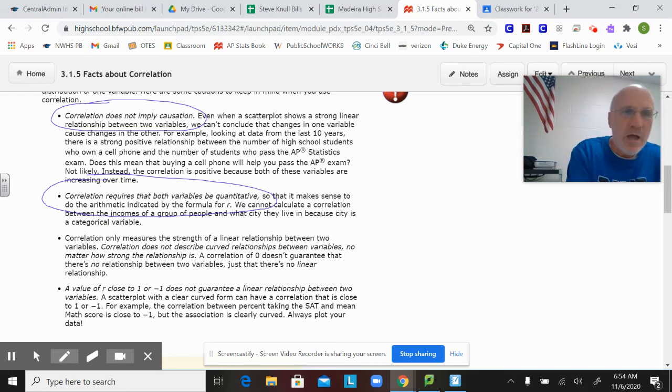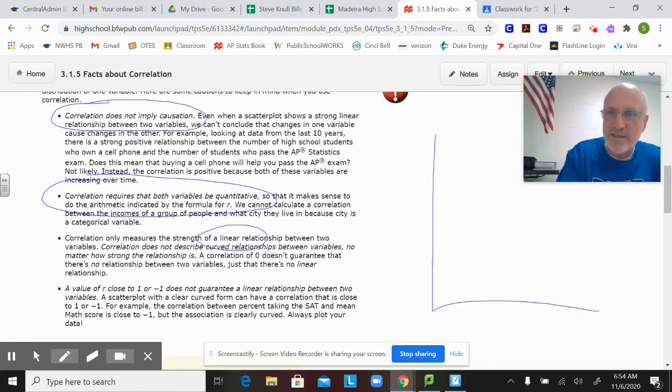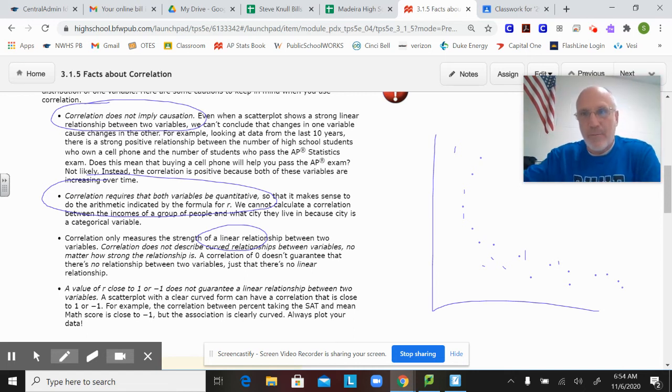All right. Next one. Correlation only measures the strength of a linear relationship. If the data looks like this, if the data is curved, can you put that scatter plot into a computer or a calculator and have it calculate R? Yes.